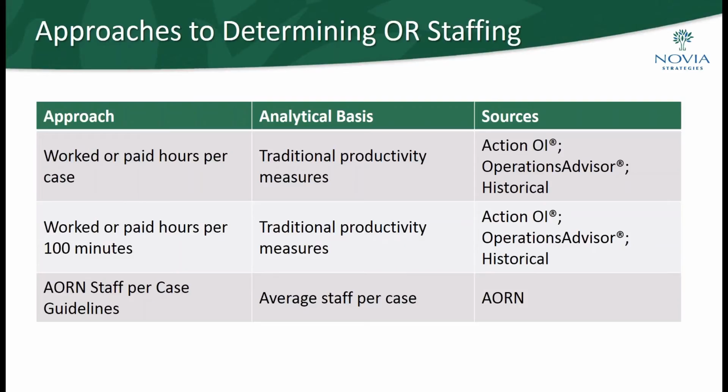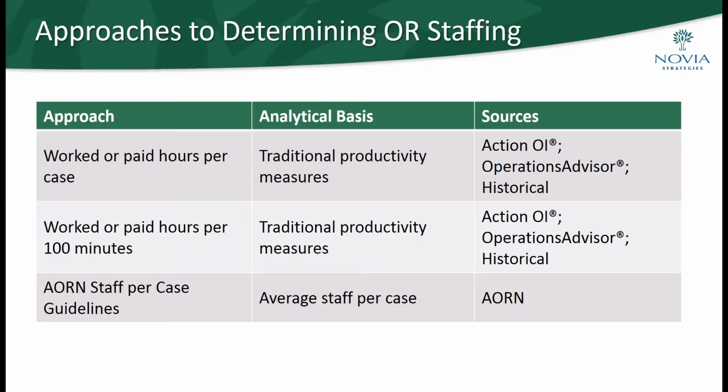The approaches that we're going to review today really are two: the traditional productivity measurements and approach to using those, and then the ARN staffing guidelines that were published by the ARN organization.